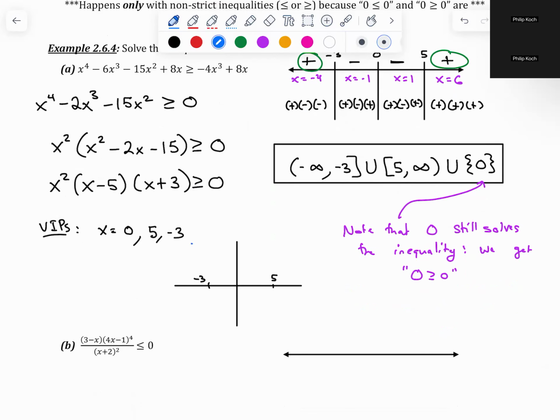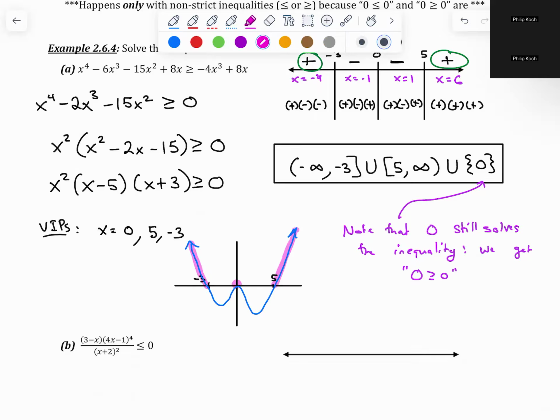So it'll go like this, like that, and then like that. So you have this piece over here that should be included. That's the piece from 5 to positive infinity. You have the piece from negative infinity to -3. That piece is included, but this is a non-strict inequality. So any place that's also equal to 0 should be included, which is this individual spot right there.